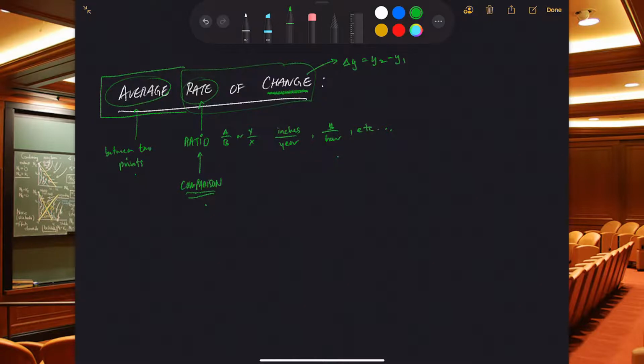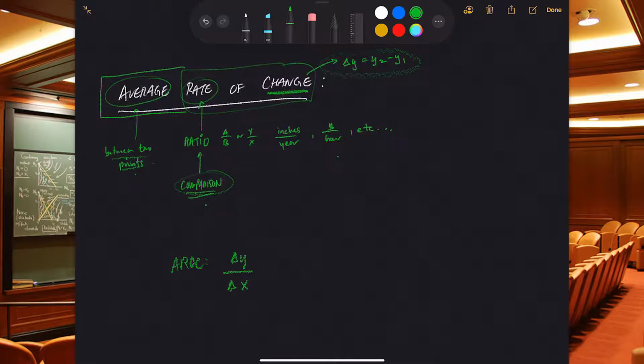We do it by subtraction. So we have subtraction that measures change, and we're talking about a ratio, a comparison between two quantities of change between two points. So the average rate of change formula is equal to the change in the output over the change in the input.